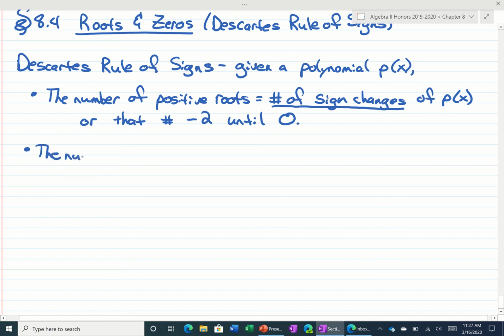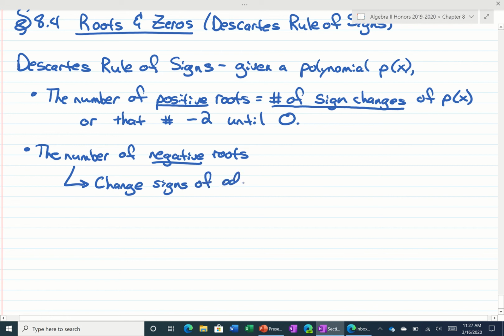The number of negative roots, the way that we find this is a little bit different. So there's something we have to do first. We change the signs of the odd powers of x. So x to the third, if it's a positive number, we treat it like a negative.